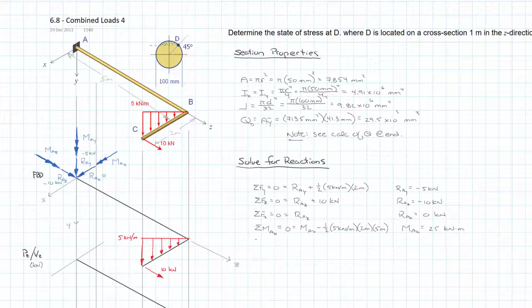Now we do the sum of the moments. Again, we'll do about A, and we'll use the y-axis is equal to 0, and so we can put in MAY.